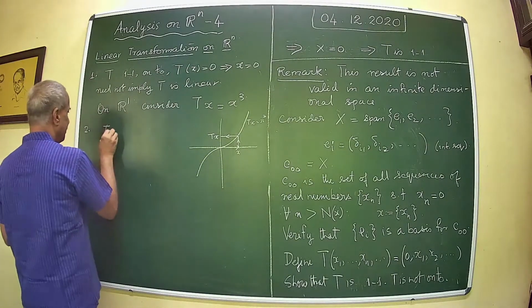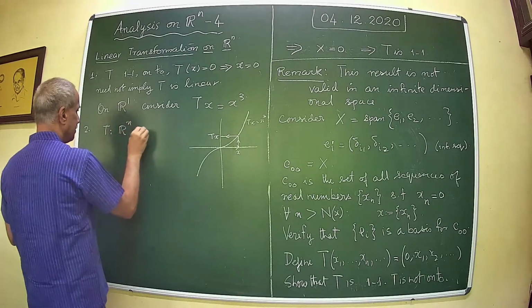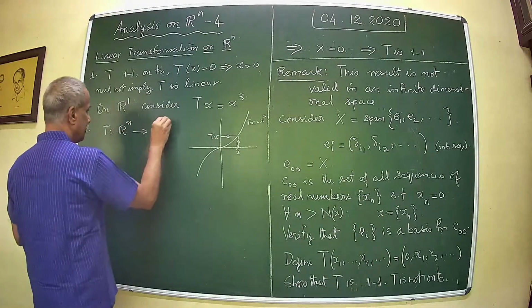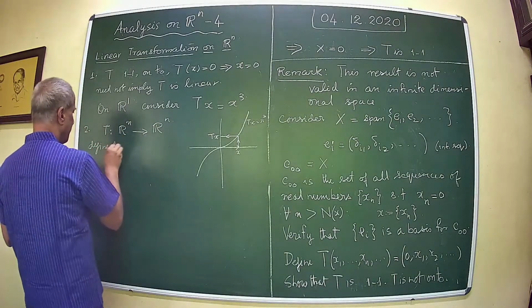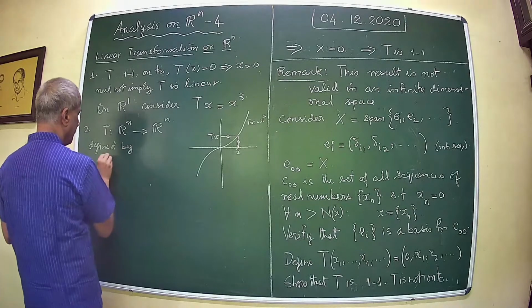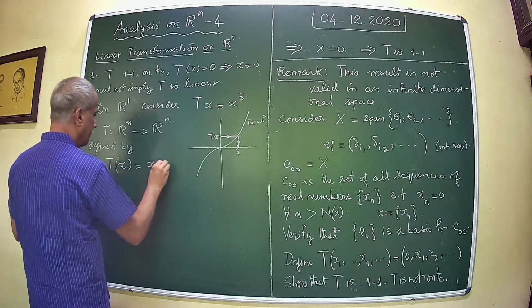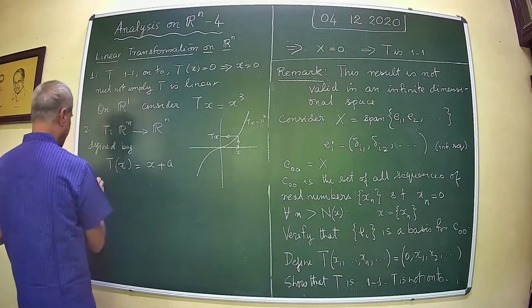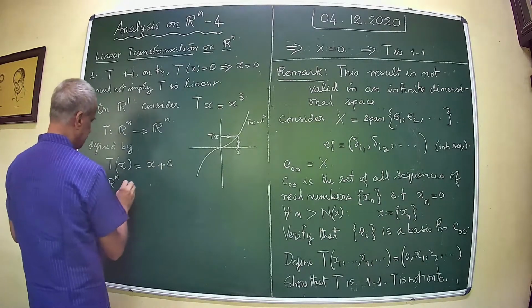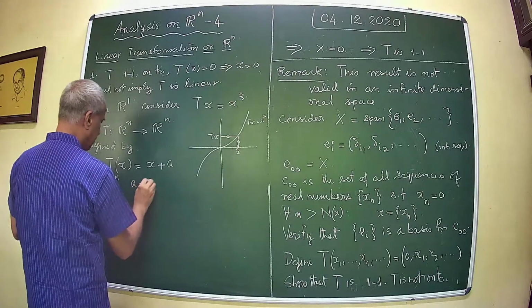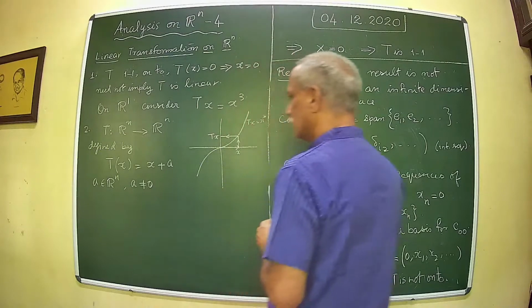T from Rn to Rn defined by Tx equals x plus A, where A belongs to Rn and is not equal to 0. So you see that this is not linear.